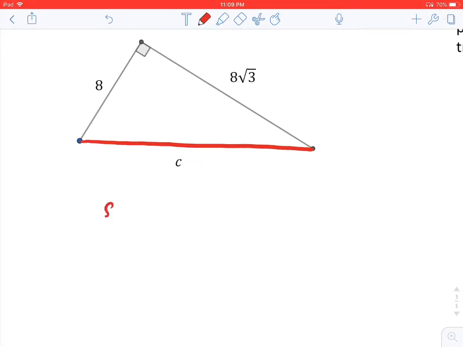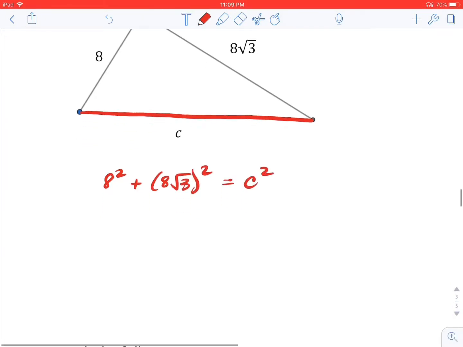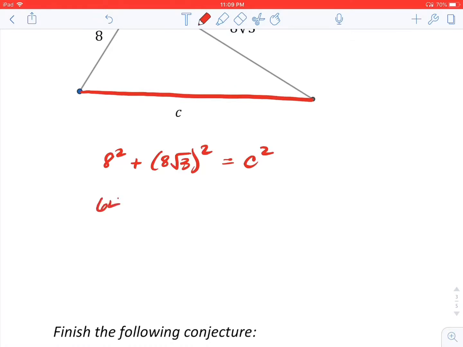That's 8 squared plus 8 square root of 3 squared is equal to c squared, or 64 plus 64 times 3, that's 192, is equal to c squared.